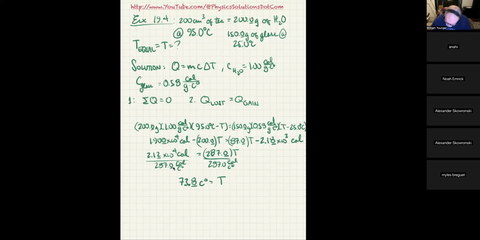That's good. 150 times 0.58 gives me 87.0. So that's consistent with what I had on the right side. 150 times 0.58 times 25 is 2175, which is 2.18 times 10 to the third. That looks right.